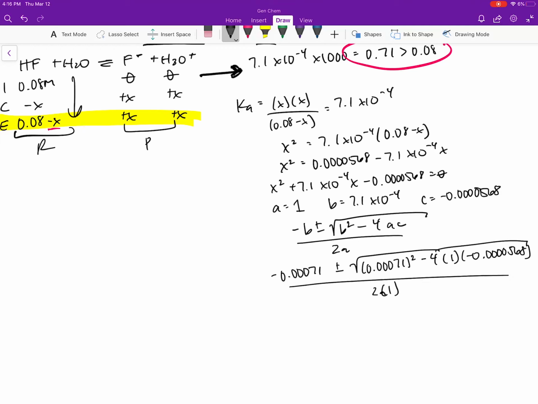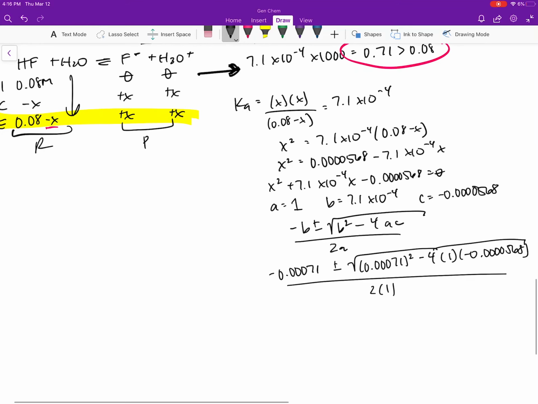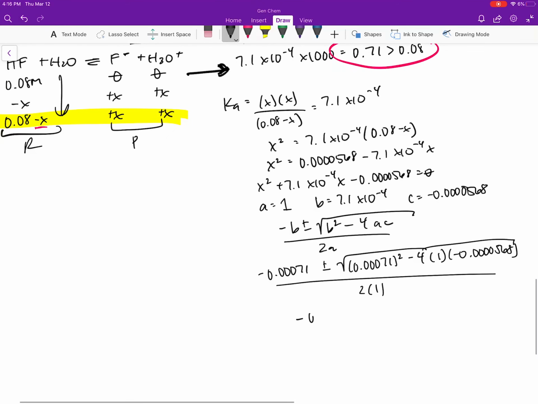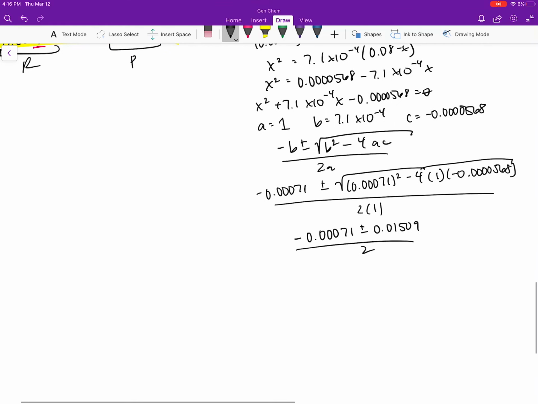For example, multiply out the 4 times 1 times the C, and then square the Ka value, and then subtract them, and then take the square root. Just do it step by step so you don't make a mistake. If you can get fast enough at your ICE tables, you should have plenty of time to solve for this and do it correctly.